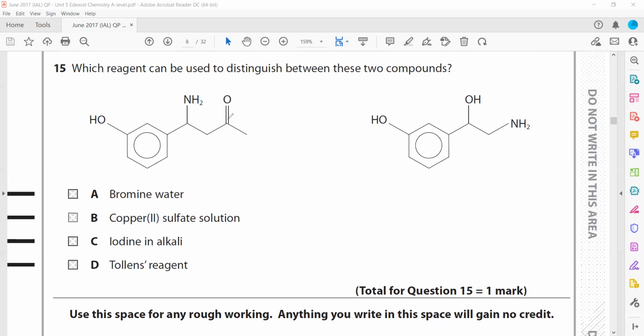Iodine in alkali: here there is a carbonyl group with a methyl group next to the carbonyl, so this will give a positive result, and this will give a negative result. So we can use the iodine in alkali, and triiodomethane will be formed. And Tollens' reagent, again not Tollens' reagent, because one is a ketone and this one is a secondary alcohol, so it will oxidize into a ketone, so both will not give a positive result.